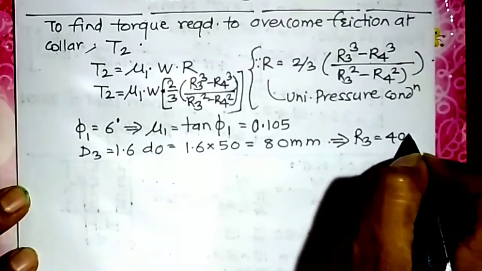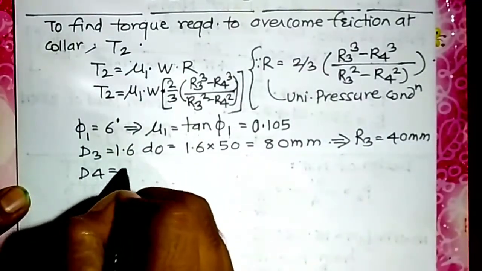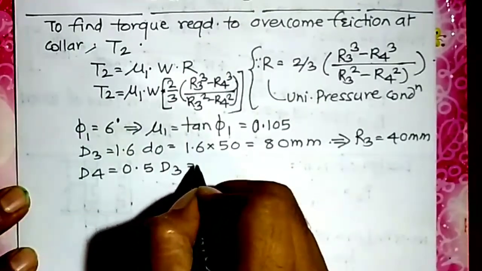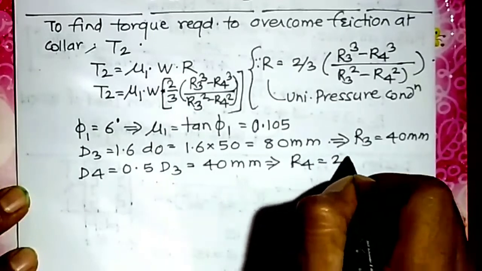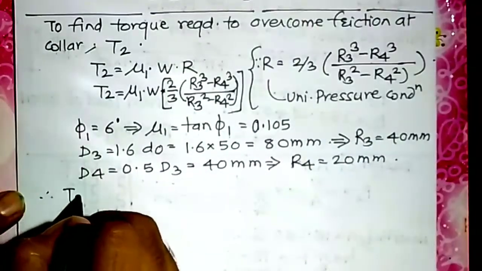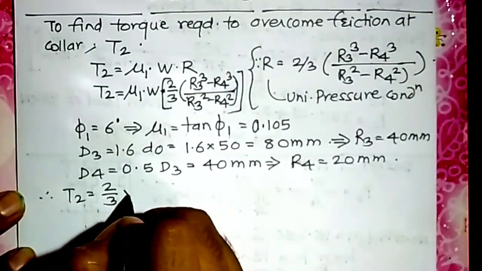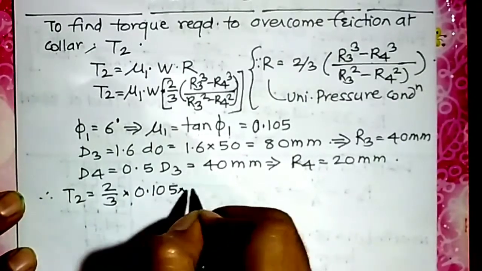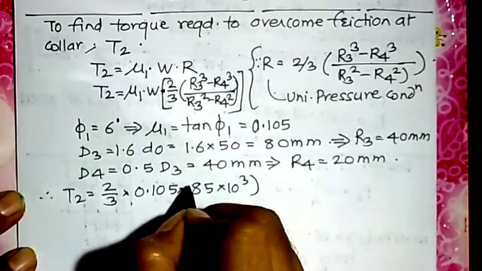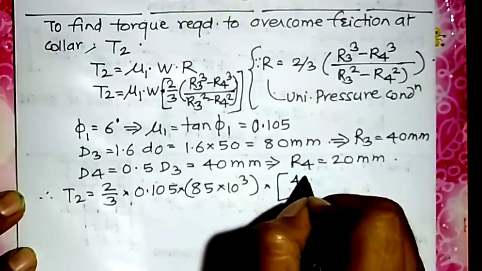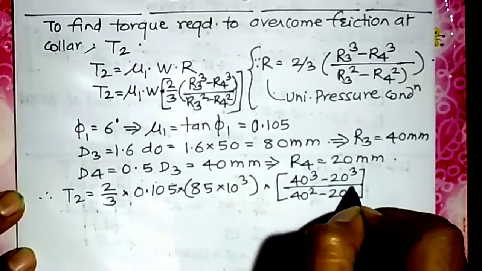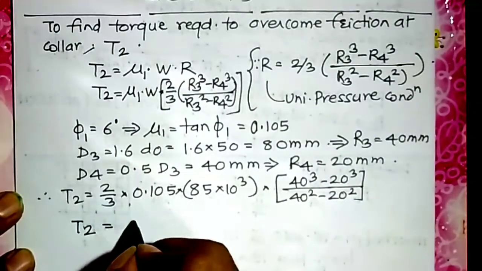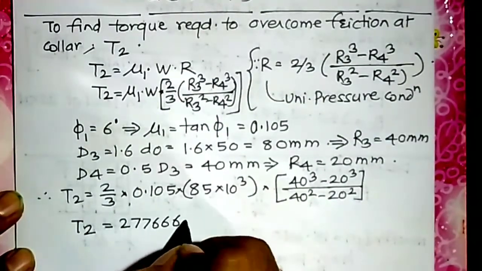Now by putting all the values of R3 and R4 that are to be calculated, phi is considered to be 6. So mu1 is tan phi 1, it comes out to be 0.10 as mu. D3 is 1.6 times of DO, it is an assumption, so it comes out to be 80, so R3 is going to be 40. Similarly R4 is to be calculated by finding out D4.